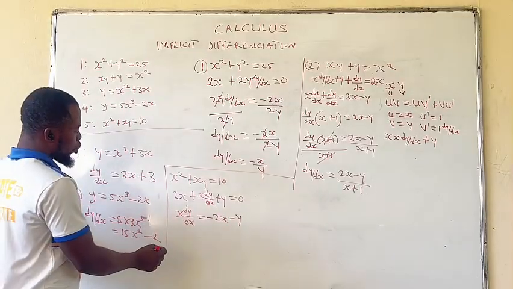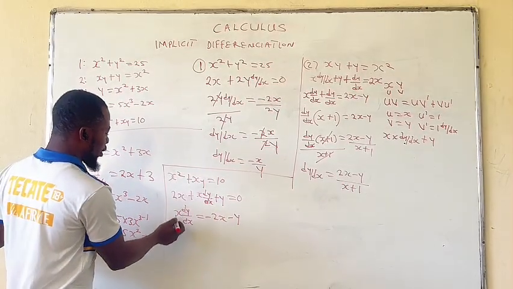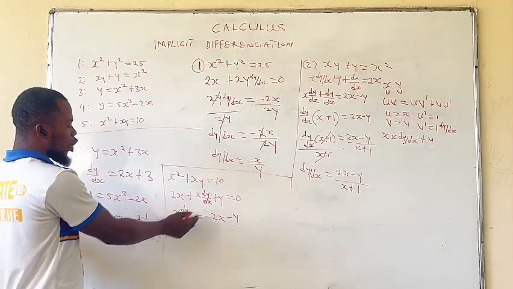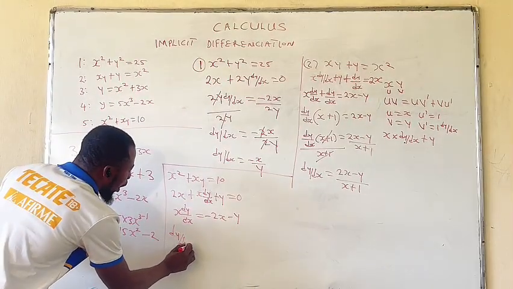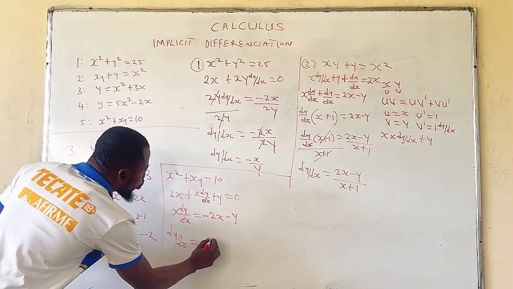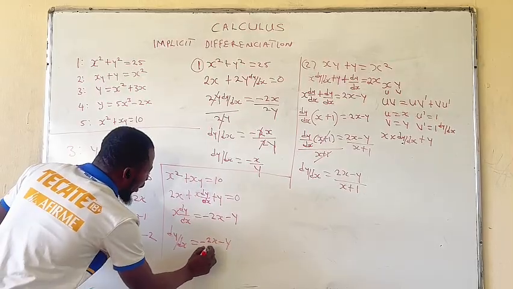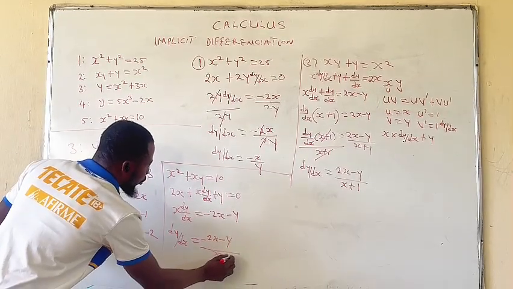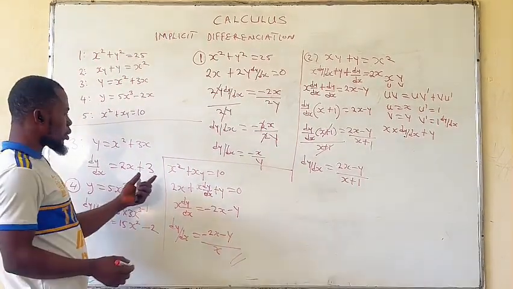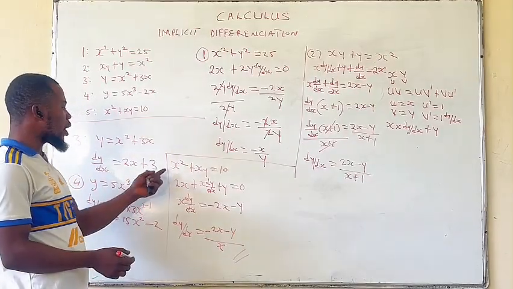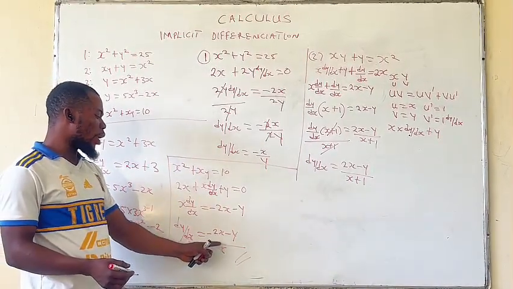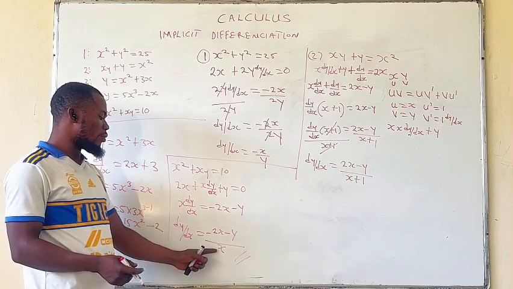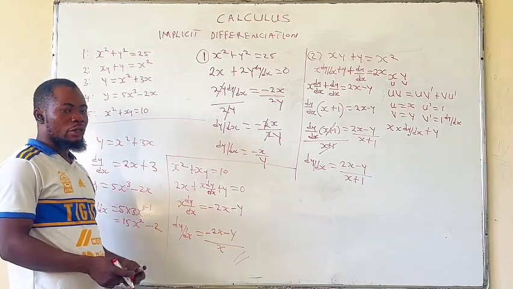So from here, we can factor out dy/dx and divide both sides by x so that we are left with dy/dx. Our dy/dx will now be equal to (minus 2x minus y) all over x. So using implicit differentiation on x squared plus xy equals 10, your final answer will be minus 2x minus y all divided by x.